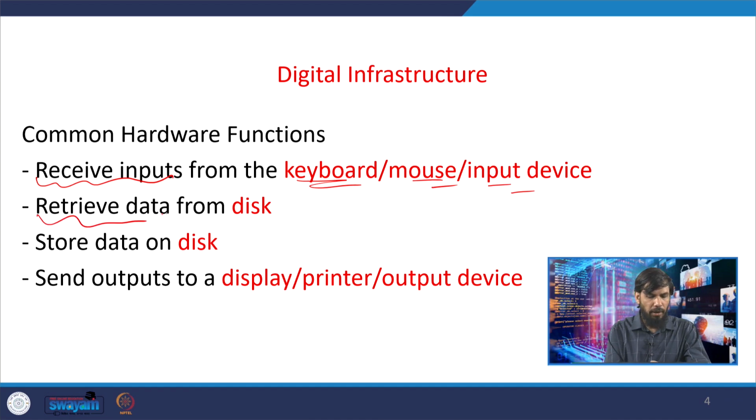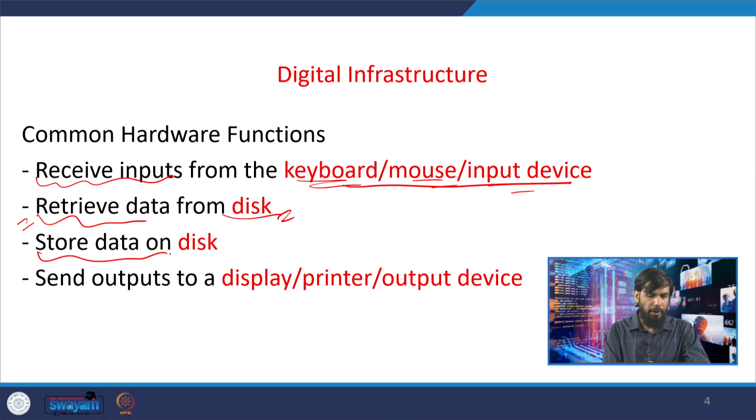Then retrieve data from disk. There might be files or data residing on disk, so how do we retrieve that and bring it into memory? That support also has to be there. This is again a hardware function, because one hardware is the disk and the data is being brought to another hardware, that is memory. The same goes for keyboard, mouse, input device.